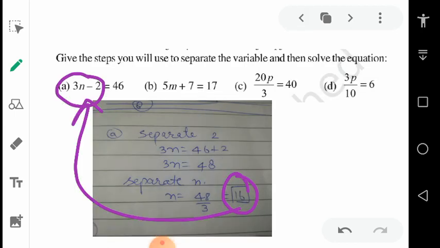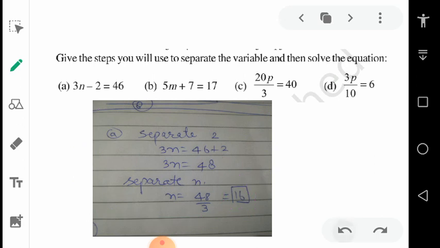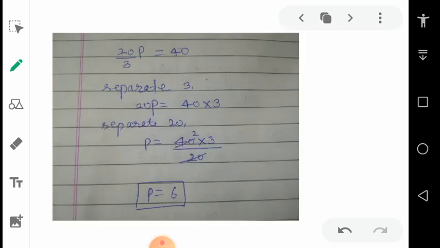Actually I solved 2 questions out of these, and next I am solving the third part. That is C: 20p divided by 3 equals 40. How to solve? There is no addition or subtraction on the left hand side, so we will separate the product or the division. First separate 3 as it is in division, so it is transferred to the right hand side and becomes multiplication.